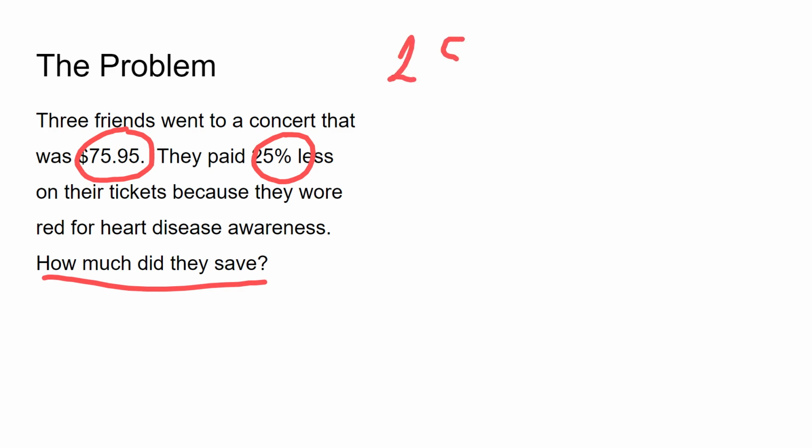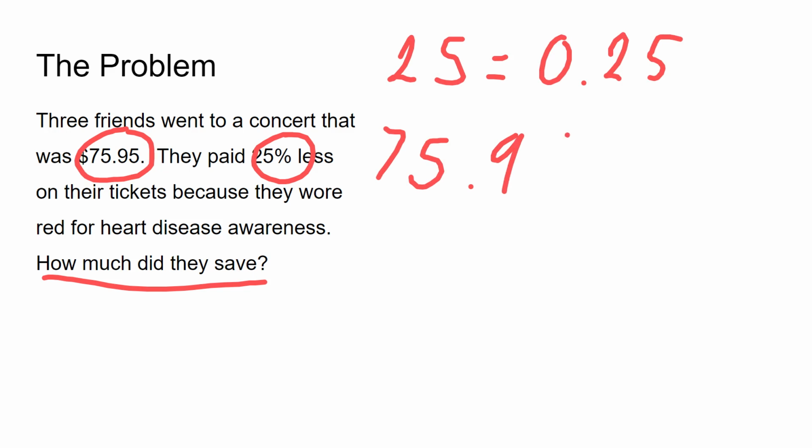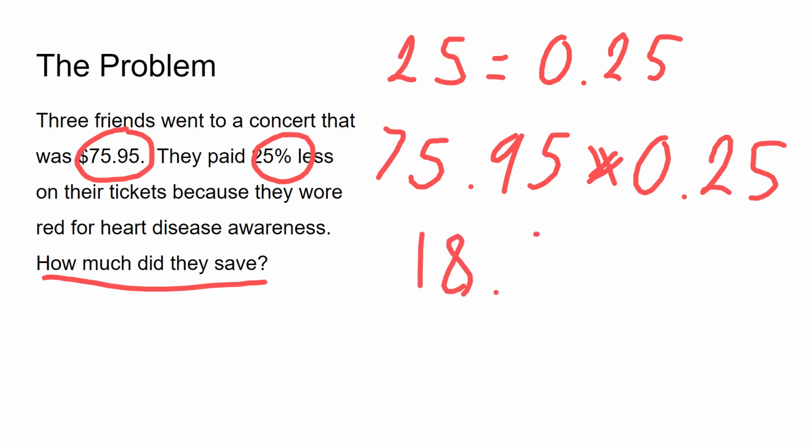Same steps as always. Turn my percent into a decimal, and then multiply that with the original price of the tickets times 0.25. All right, so in my calculator, 75.95 times 0.25, and that gives me 18.9875.